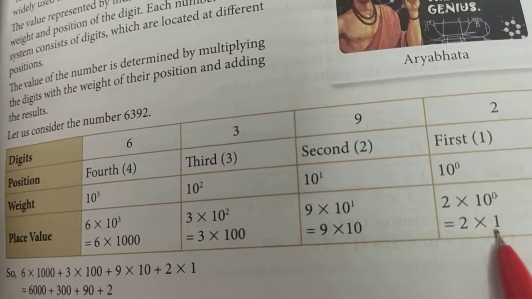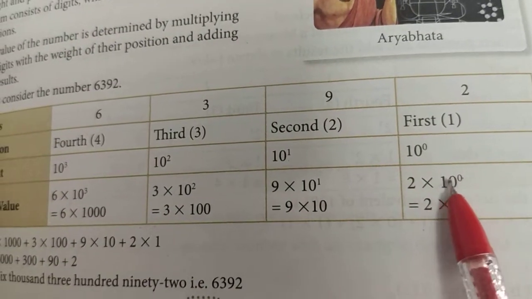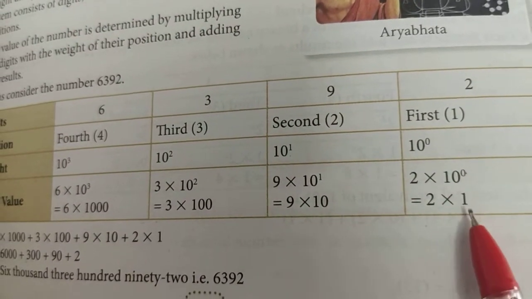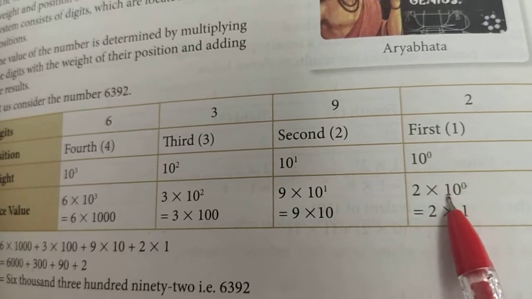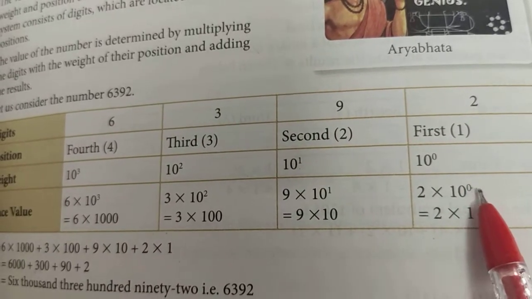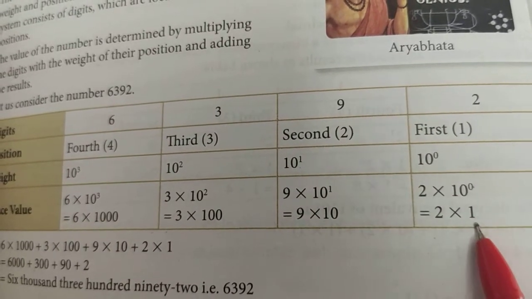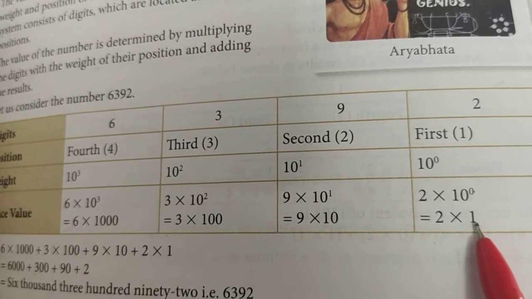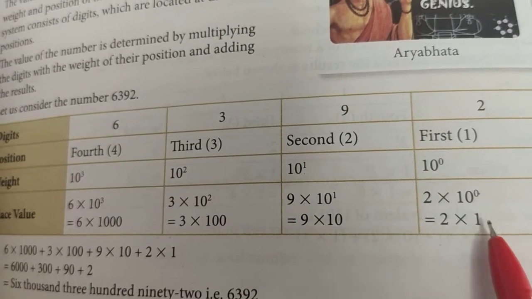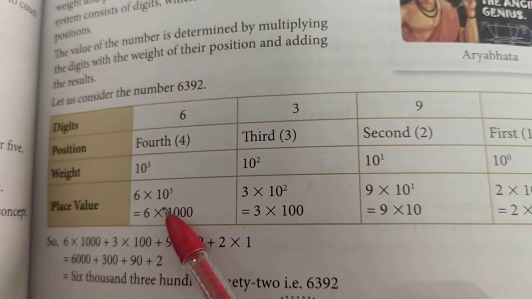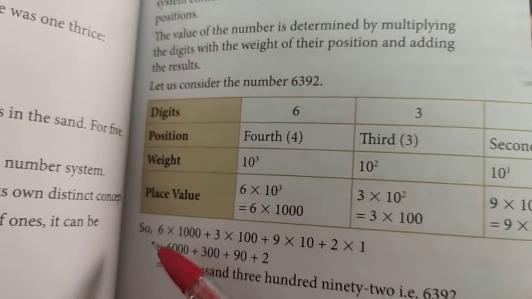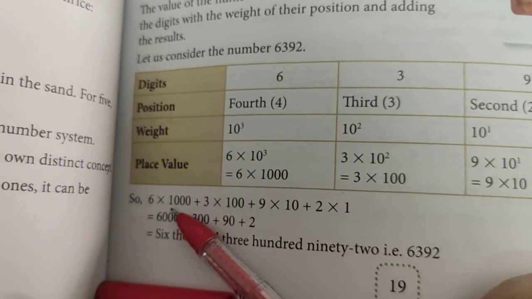Most of the time students take 10 to the power 0 and write 0. No, whenever the power is 0, it always converts into 1, which is the reason it is written 1 here.